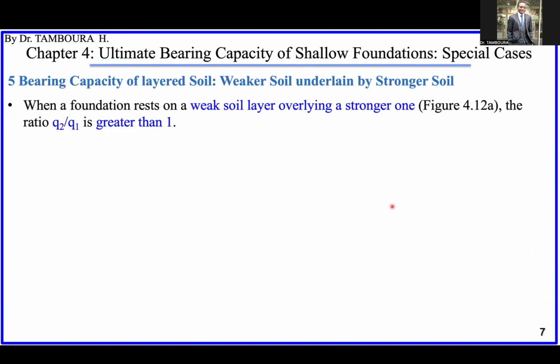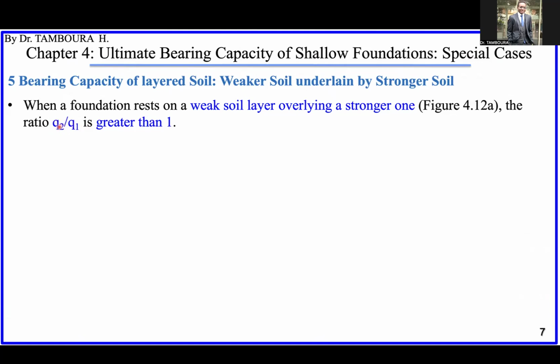Okay, so when we have a foundation resting on a weak soil layer, and under that weak soil layer we have a stronger one, in that case, the ratio, do you remember we talked about q2 divided by q1 last time? q2 is the capacity from the bottom layer, and q1 is from the upper layer.